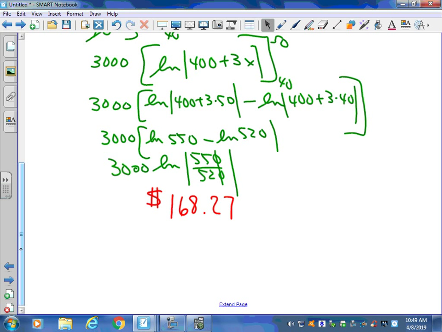So the price might be going up and down for different reasons during selling 40 items to 50 items. And so because of that, this evens out the price and say they sold it for $168.27 the whole time, when that's not really true. It might have been more than that at 40 and less than that at 50, or vice versa. So that's kind of where it goes.